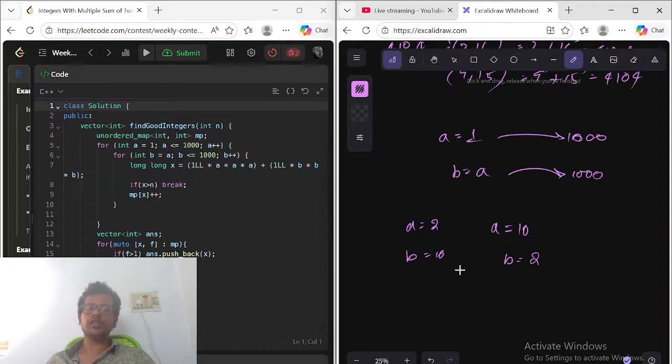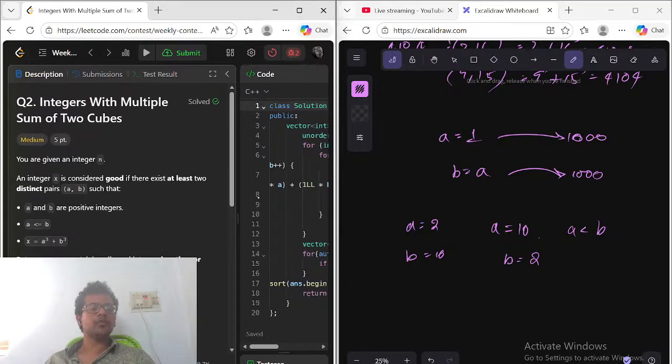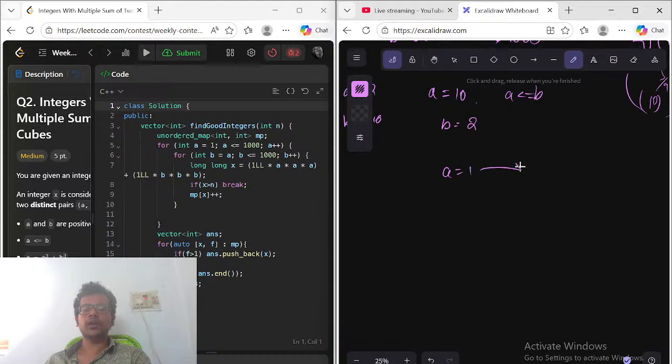That's the same thing, right? We just don't need to do that again. a should be less than or equal to b, that's what they gave us. So I'll go from a is equal to 1 till 1000 and b from a till 1000.